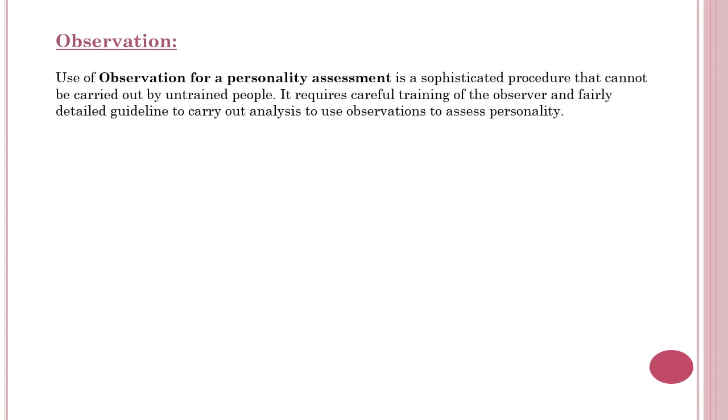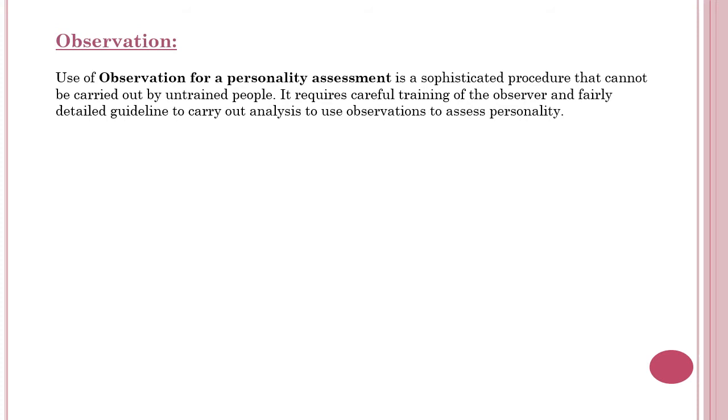Next, we have observation. Use of observation for a personality assessment is a sophisticated procedure that cannot be carried out by untrained people. It requires careful training of the observer and fairly detailed guidelines to carry out analysis to use observations to assess personality.